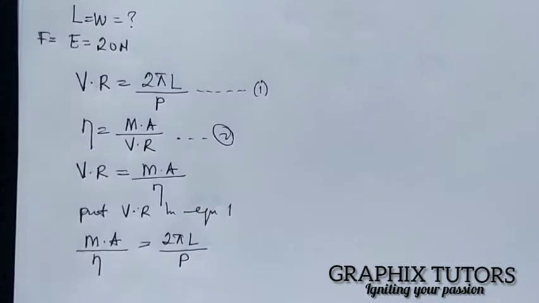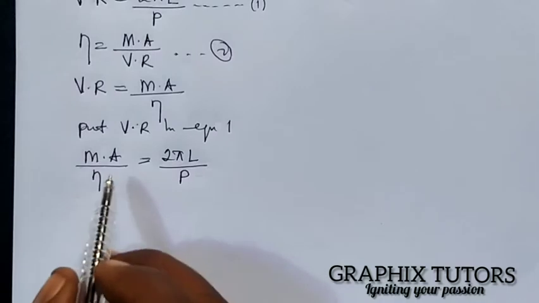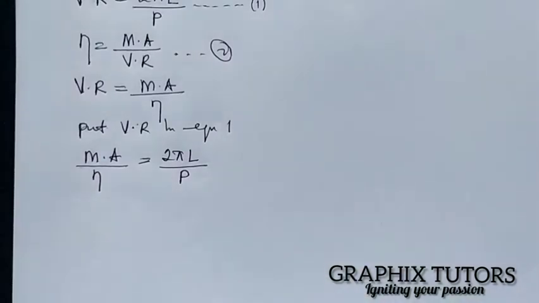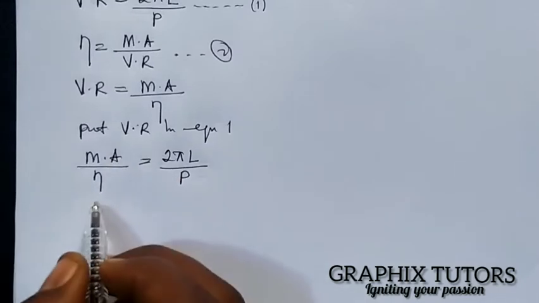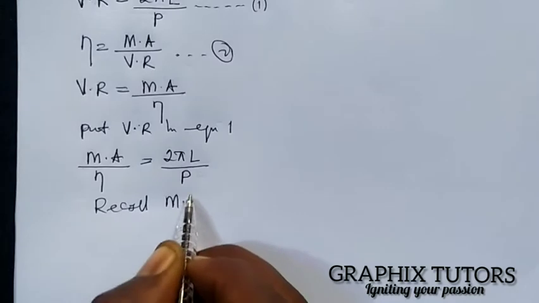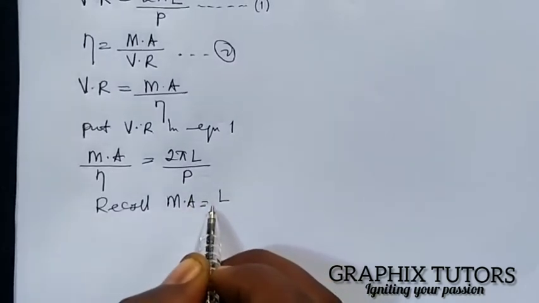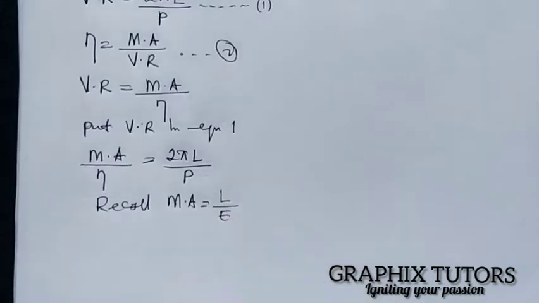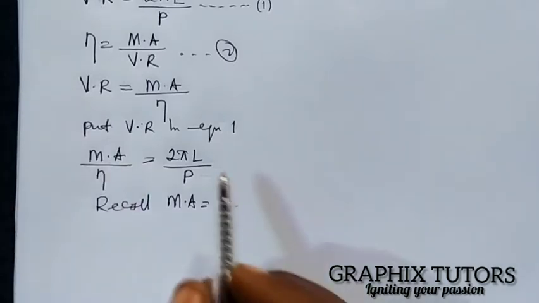So from here, we'll move forward. Now we have the efficiency. We don't have mechanical advantage, but recall our mechanical advantage is equal to what? The load over the effort, E, right? So anywhere I see the mechanical advantage, I'll put it in this equation here.